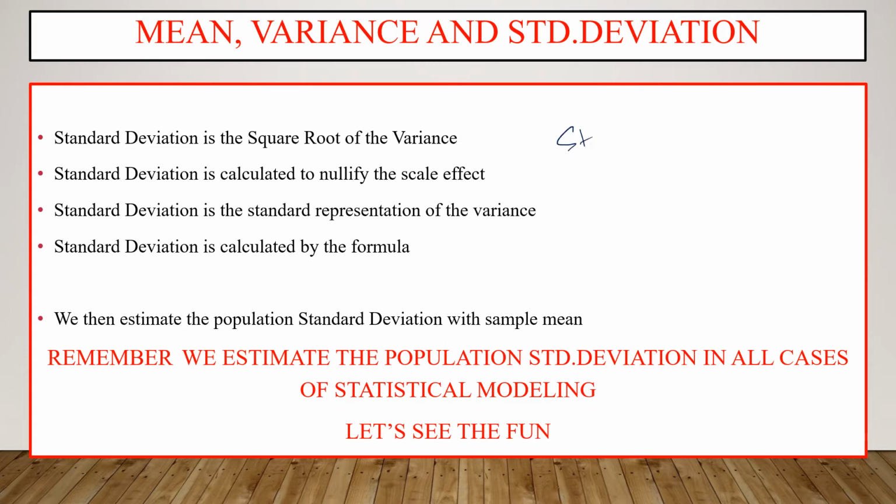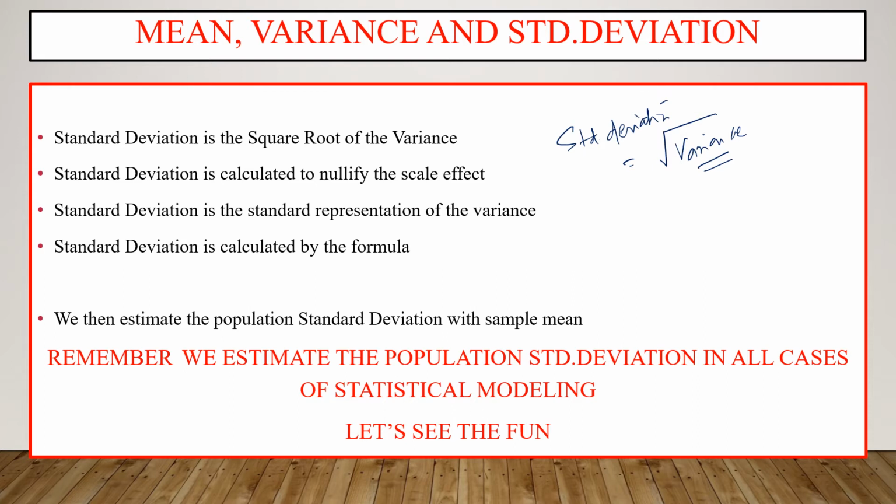So standard deviation is equal to the square root of variance. Standard deviation is calculated to nullify the scale effect. In variance we square it up, so we take the square root to nullify the scale effect.